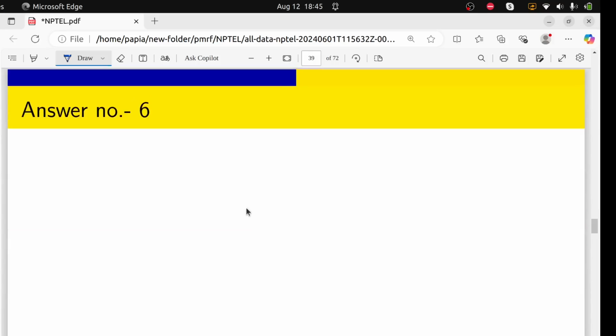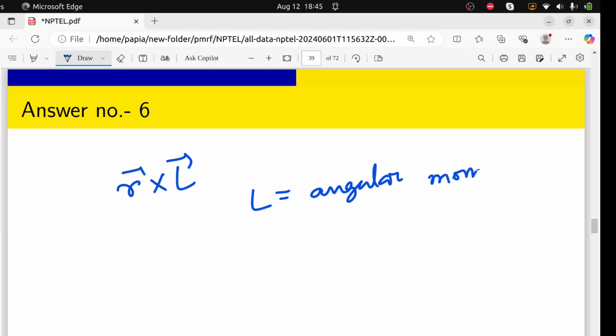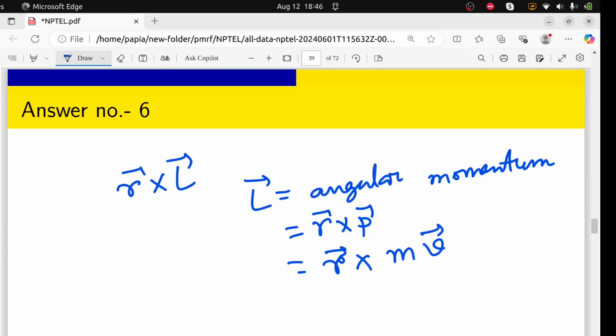First of all, L is angular momentum, and it can be written as r cross p. So I can write it like r cross m v vector.